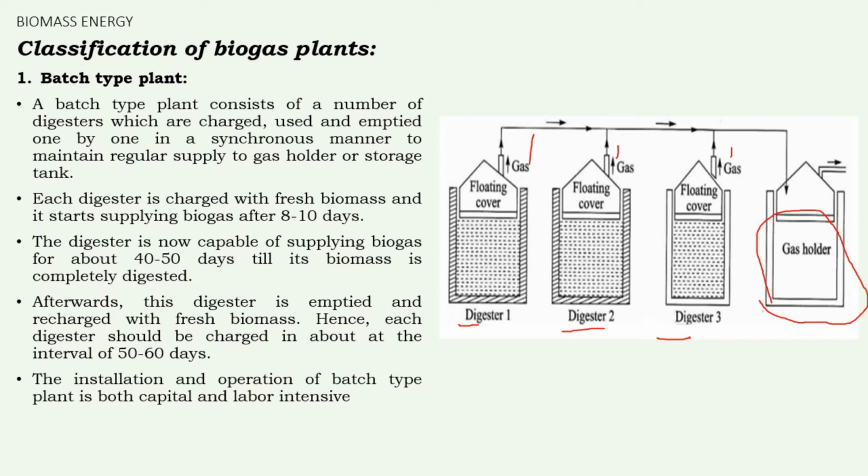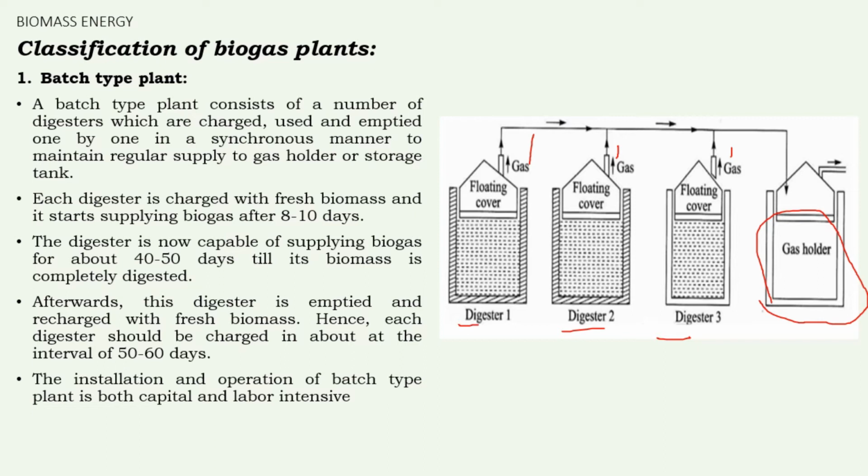Each digester is charged with fresh biomass, and it starts supplying biogas after 8 to 10 days. The digester is now capable of supplying biogas for about 40 to 50 days till its biomass is completely digested. Afterwards, this digester is emptied and recharged with fresh biomass.